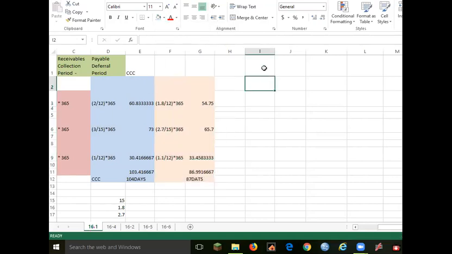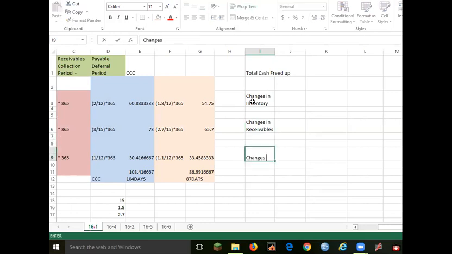The third requirement is total cash freed up. Okay, so we first take the changes in inventory, then changes in receivables, then changes in payables.